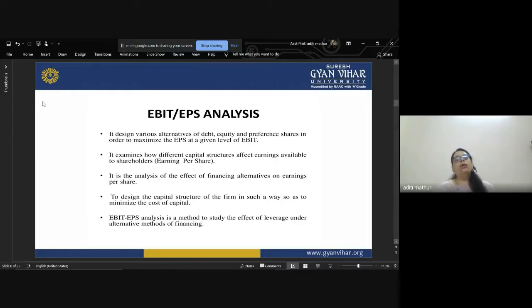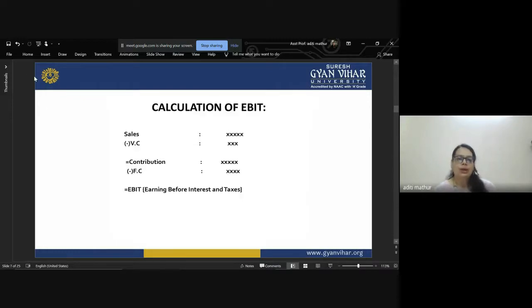You consider all the costs associated before you come to a conclusion, right? So this is a very good and very commonly used approach to identify the ideal capital structure.